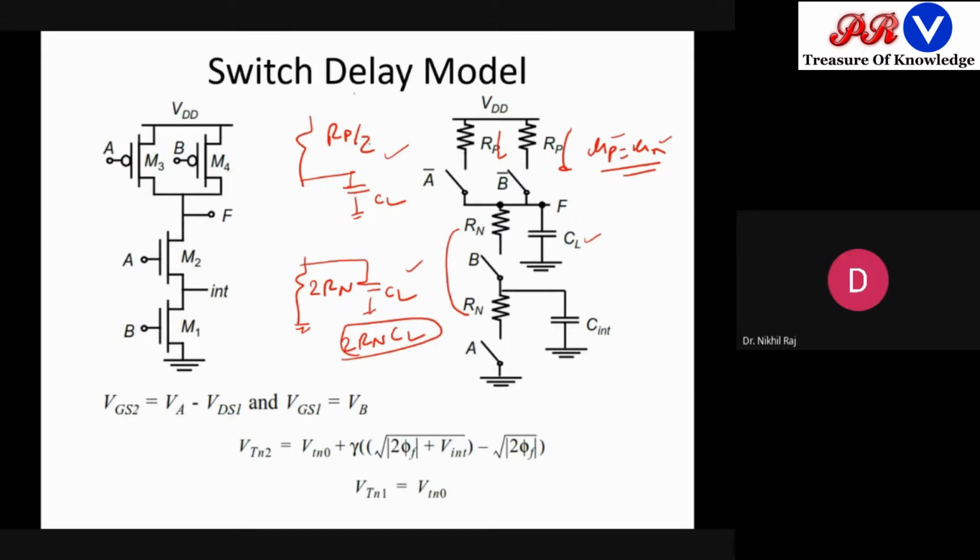So we take that accordingly, R is calculated, and the dimensions are forced here, because the dimension, W by L, is changed. And why? Because R is proportional to 1 by W by L. So by changing the dimension, we try to make the circuit such that charging and discharging both take equal time, in order to make the symmetry.